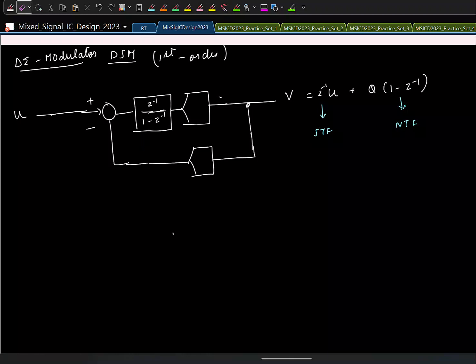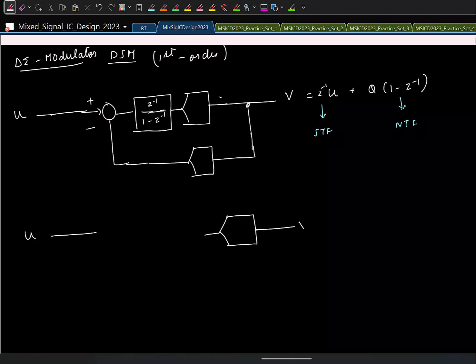Again, you see that this is basically a negative feedback loop, right? You can also come up with this architecture following the same logic we had for our calibration loops. So what we can think of is like this: I have my input U. Let us say the ADC is digitizing and giving me something.